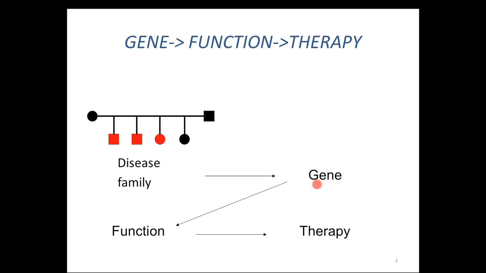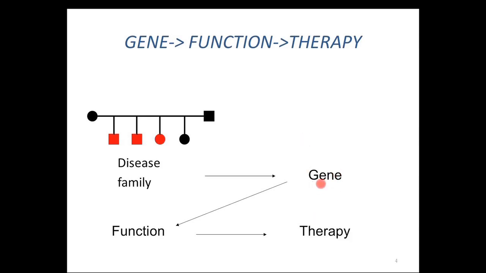And this was the process that was taken with PXE, is that many families from around the world were collected and studied genetically, initially to find the chromosome where the gene lay, and then eventually to identify the gene itself. Our lab was not involved in that part of the process for PXE, although we were for a number of other genes involving ABC transporters, the first one being the gene for cystic fibrosis.